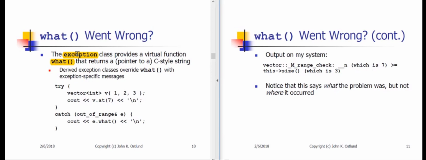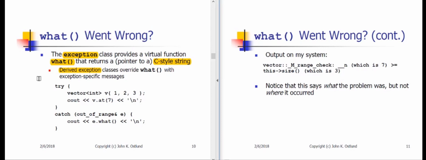The what member function returns a C-style string. That is, it returns a pointer to the first char in a sequence of chars terminated with a null char. And the derived exception classes, such as bad alloc and out of range, provide overrides for what that give messages that make sense for that particular kind of exception.